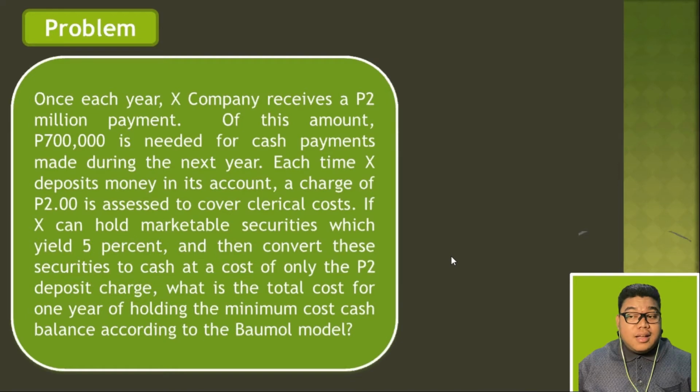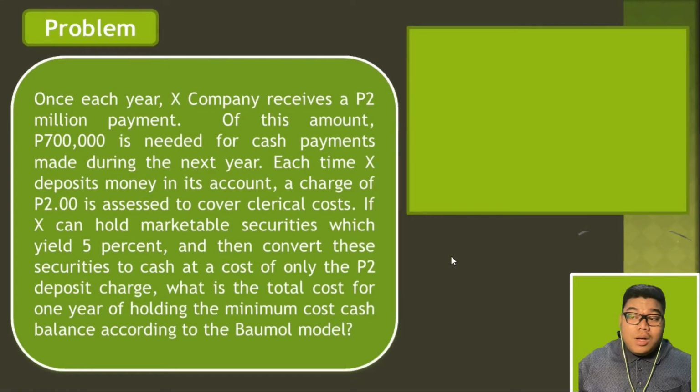So let's answer this problem. Once each year, X company receives a 2 million payment. Of this amount, 700,000 is needed for cash payments made during the next year. Each time X deposits money in its account, a charge of 2 pesos is assessed to cover clerical costs.